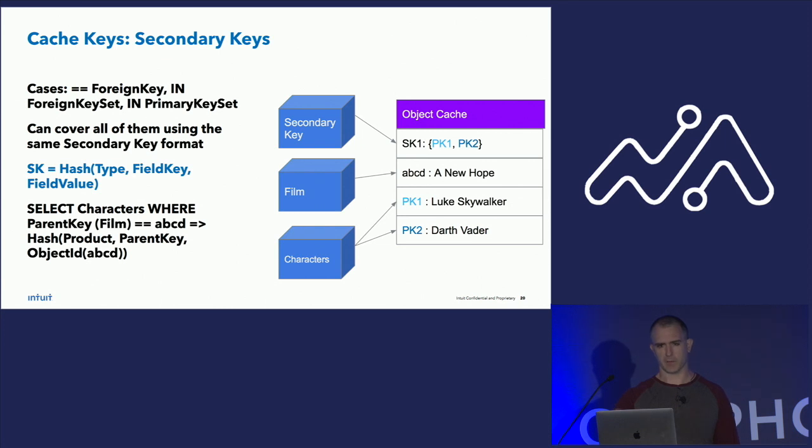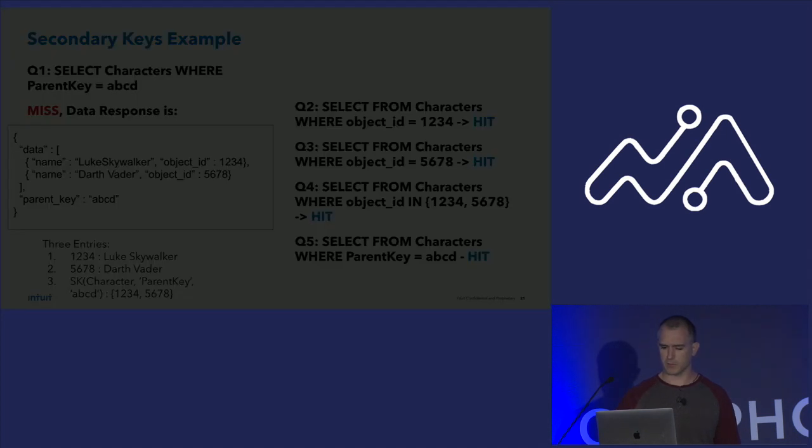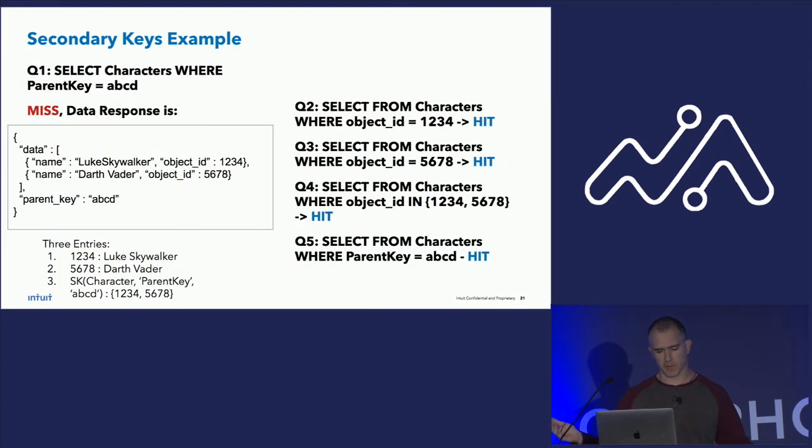That's basically how things all tie together, because at that point we can say, if we can compute later that you map onto this secondary key, then we can pull your IDs from cache and find your entry, right? So we'll go into an example of that.